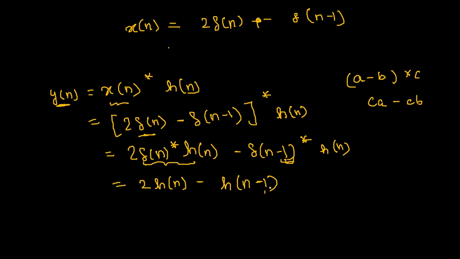Now, how do I actually draw the graph for this? Let me just put it up. Wait. Right. So I have to find the graph of 2 of h of n and h of n minus 1.